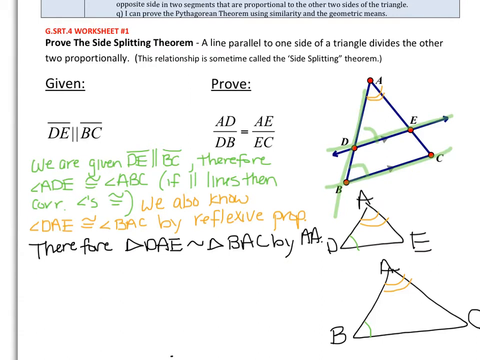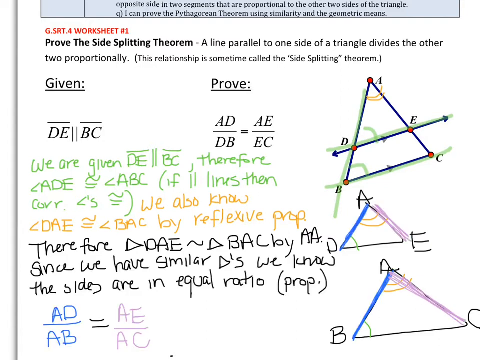Because the triangles are similar, we now know that their sides are in an equal ratio and therefore proportional. So for instance, side AD over side AB, since those are corresponding, could equal side AE over side AC. Let's now continue this on the next slide.